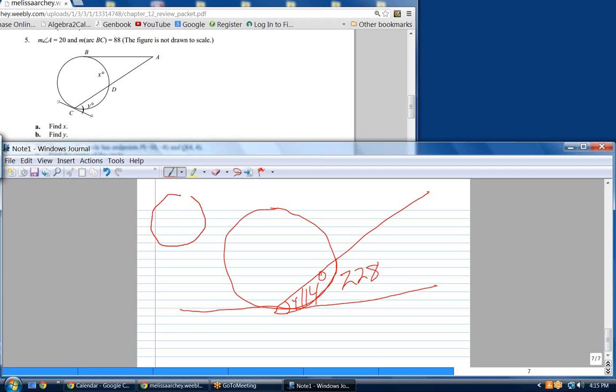Notice what you can do in problems like this. If I made this thing not quite tangent, see what I'm drawing here in the upper left? Well, I know this angle is this arc minus this arc, half of that.